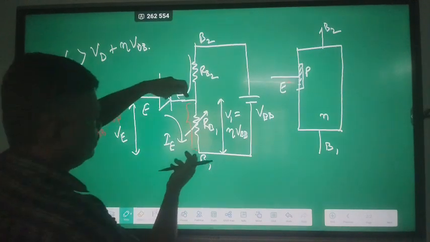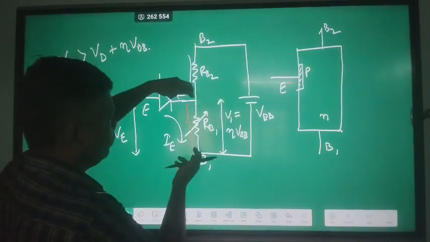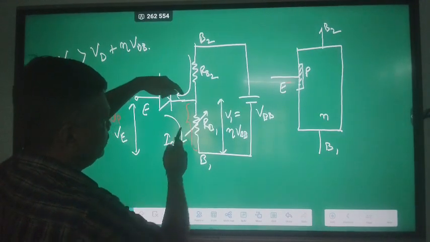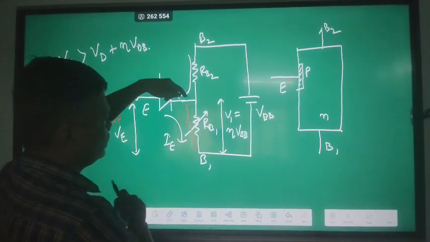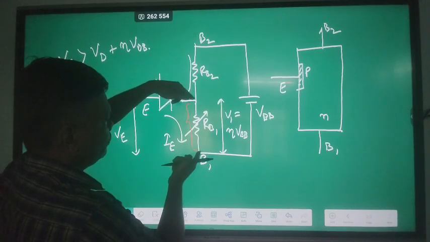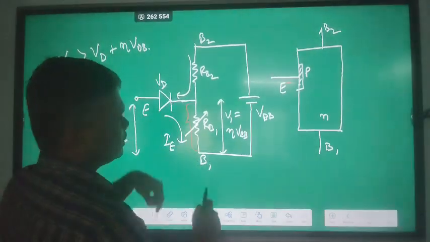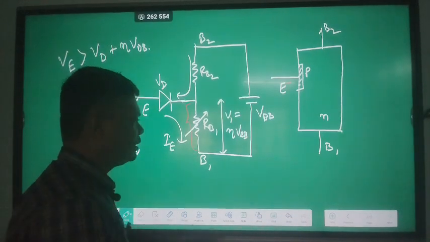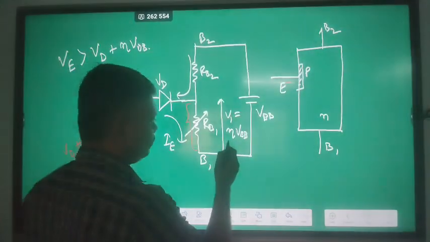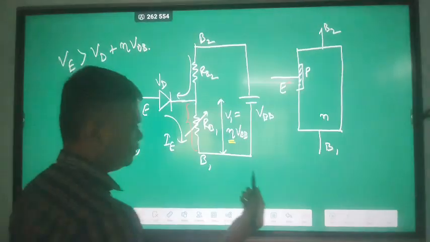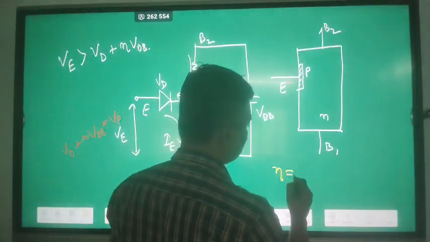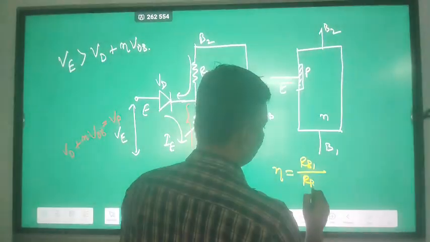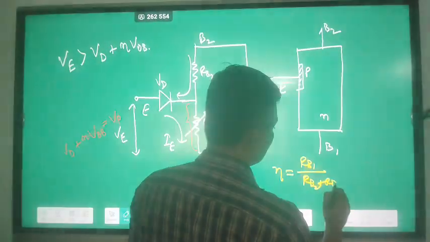That means the resistance which was initially RB1 before any injection of majority carriers will now decrease as the conductivity increases. As resistance RB1 decreases, this eta value will also decrease, because we know that eta is nothing but RB1 divided by RB2 plus RB1.